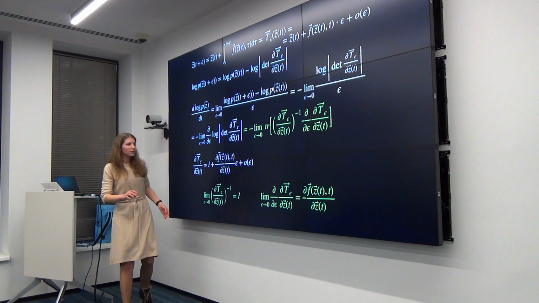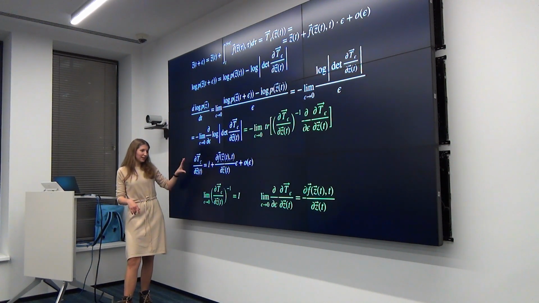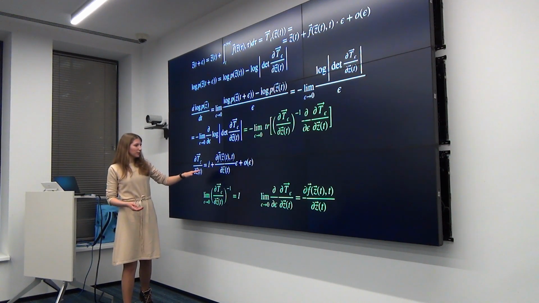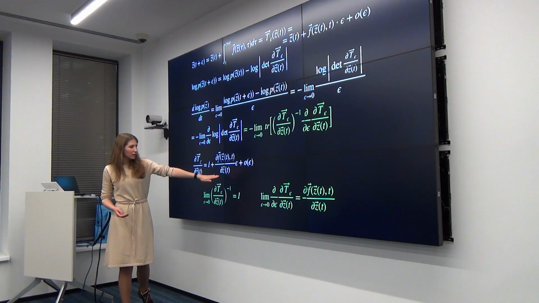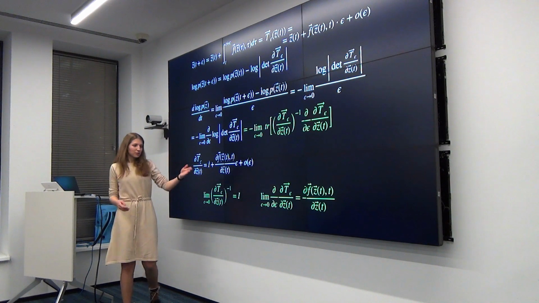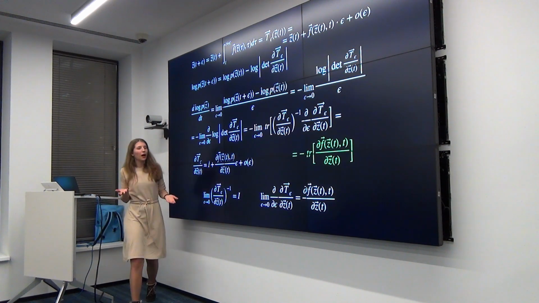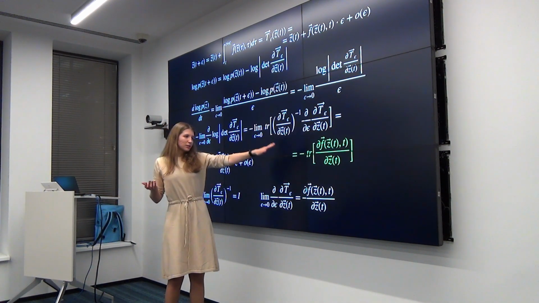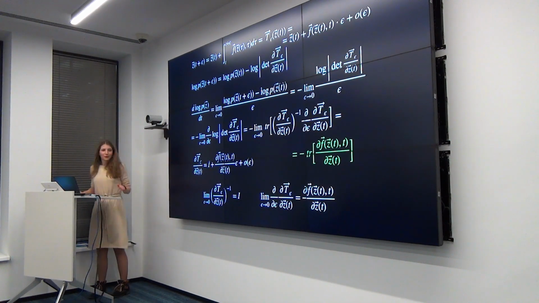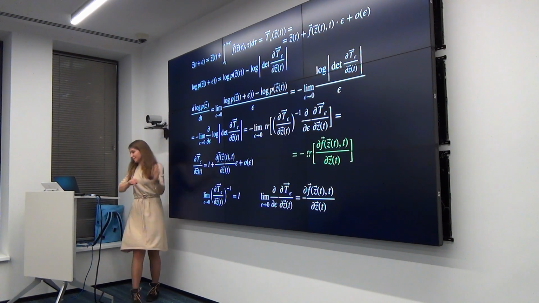And for the second term, when we differentiate this matrix with respect to epsilon, we get here 0, here we get our Jacobian, and here we get something that will tend to 0 with epsilon. So only the Jacobian of f is left. And we derived the dynamics for our density.